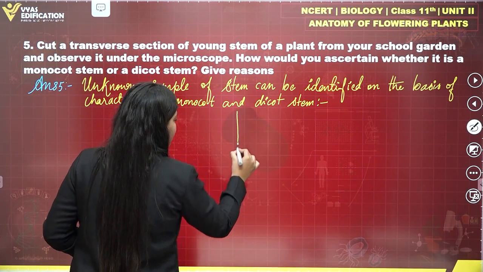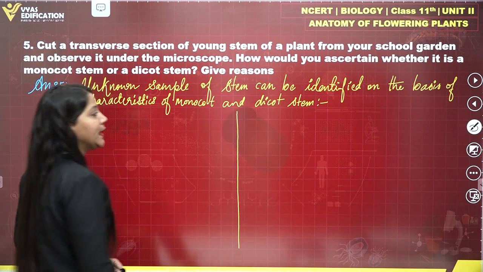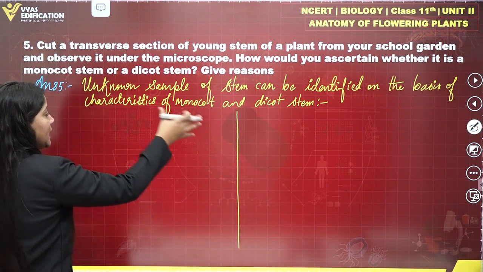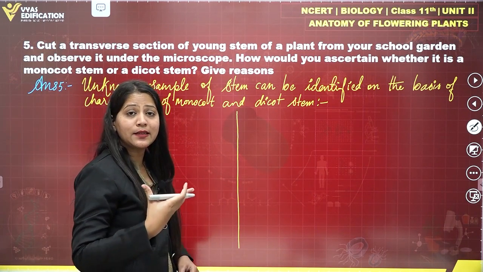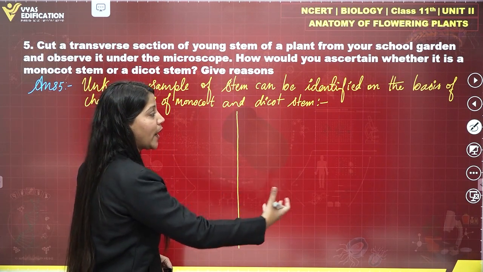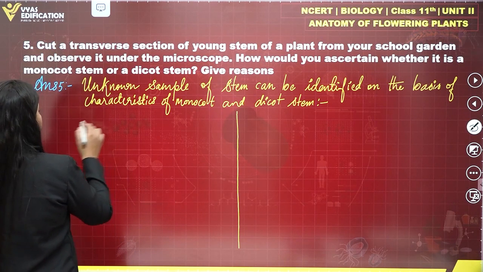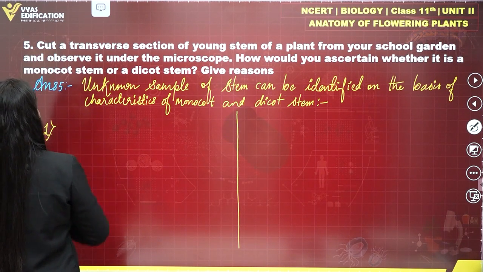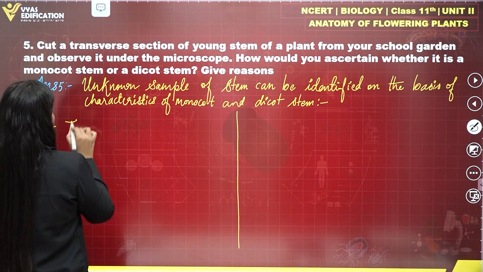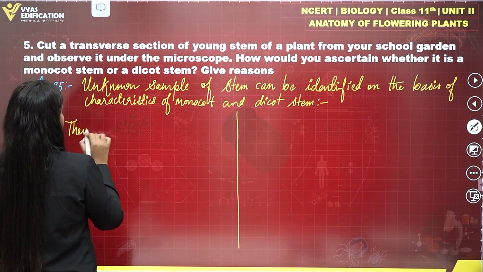So we will write the characteristics of monocot and dicot stem over here. In the left column, we are going to write the characteristics of dicot stem, and in the right column, the characteristics of monocot stem. Let's write the first characteristic, the vascular bundles.